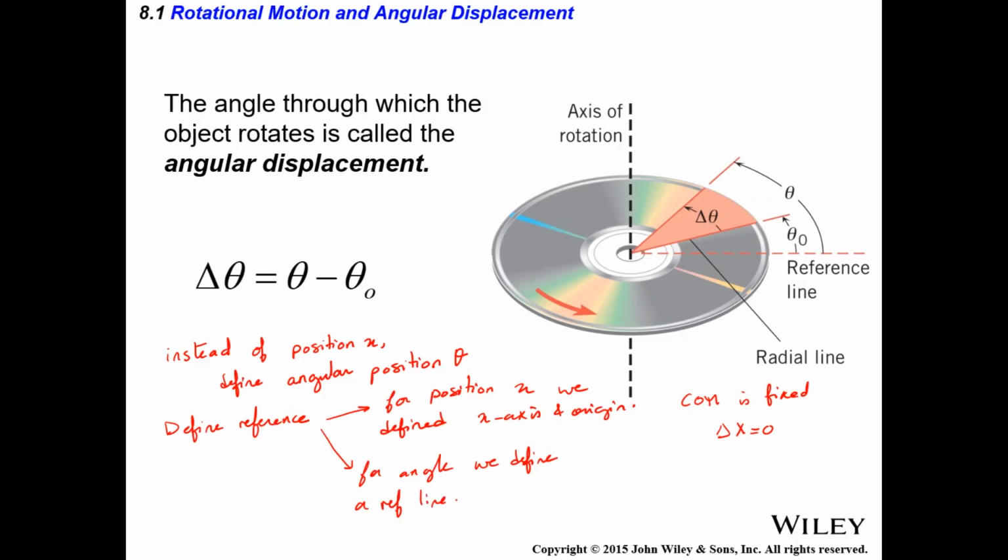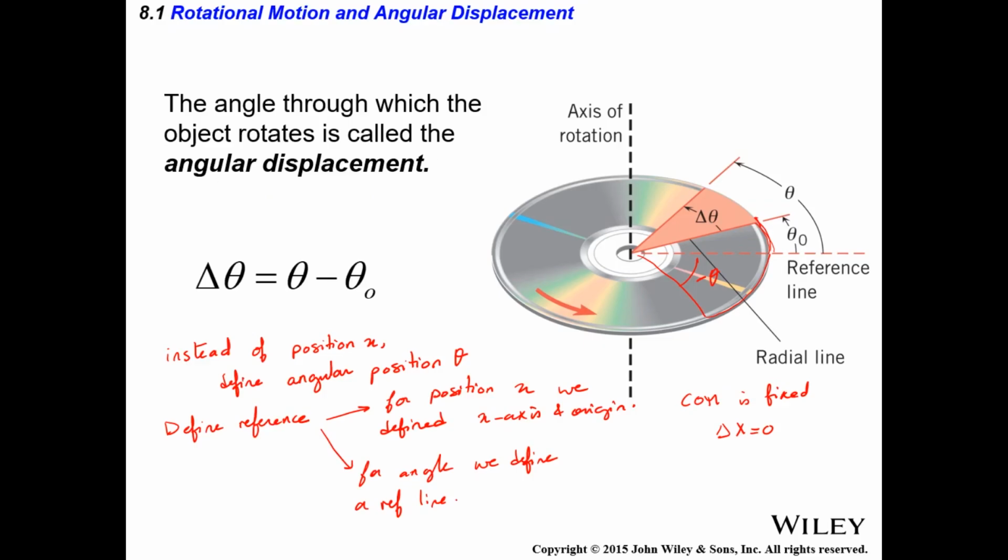Of course, just as we did in the x-axis, we defined positive and negative positions according to the origin we chose. Here, I will do the same thing. If we are above the reference line, I'll take this to be positive. If an angle is below the reference line, I'll take this to be negative. Similar to how we measure angles with respect to the x-axis.